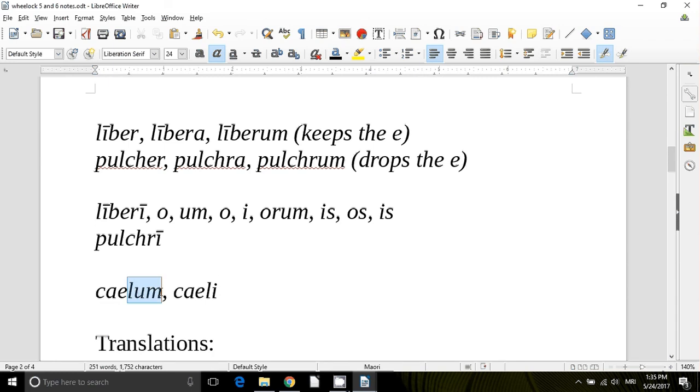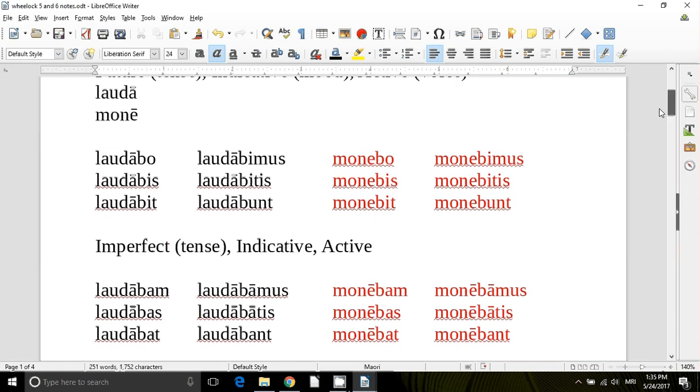So that lets you know that this is a second declension neuter. And obviously also make sure you're noting if it's masculine, feminine, or neuter. Study those. Study the forms that you did for the future and imperfect of the first and second conjugations.